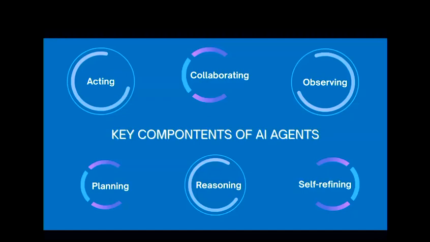It will think ahead and plan so that it achieves the goal. At the same time, it can use logic and the data it has to do reasoning, analysis, problem solving, and figure things out. Last but not least, it will learn from its experience. So these are the main key components of AI agents.